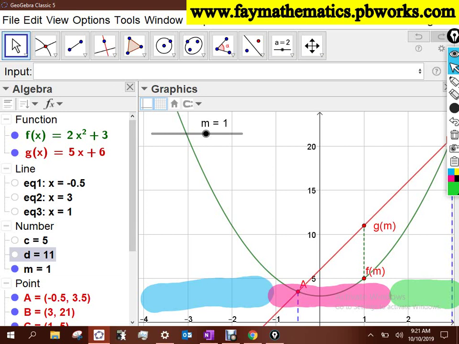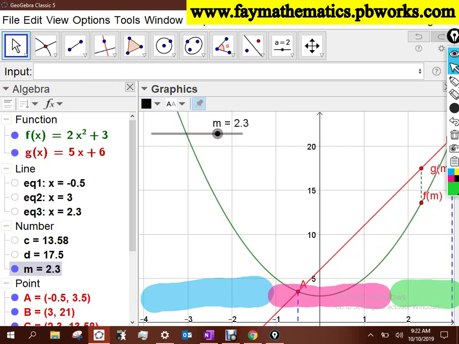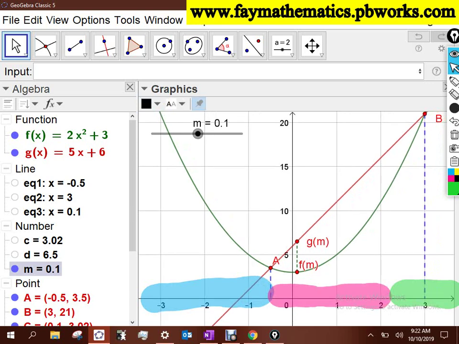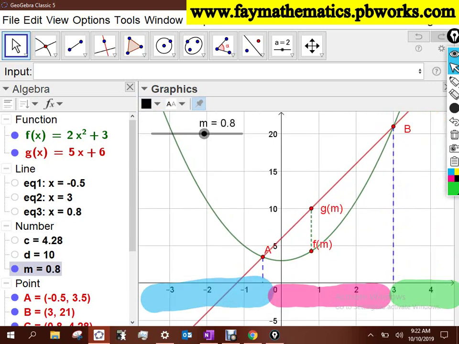Is that the same behavior everywhere in that pink range or interval? I zoomed in and out. There we go. Is that the same behavior everywhere in that pink interval? Yeah. Now they become equal right there.